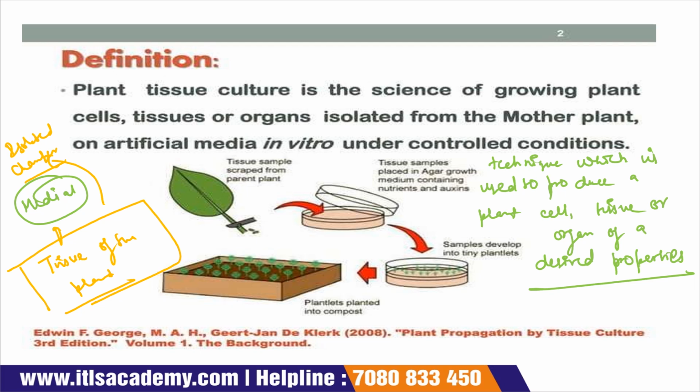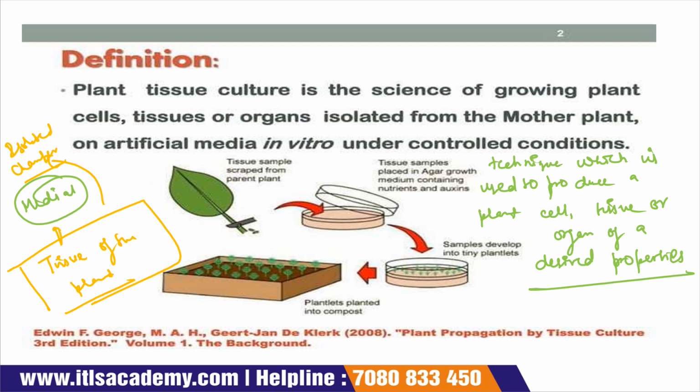In that chamber we grow the tissue, and medias are used. These medias are the food for the tissue which we want to grow. Then when it has grown in a media, it will be transferred into a field.